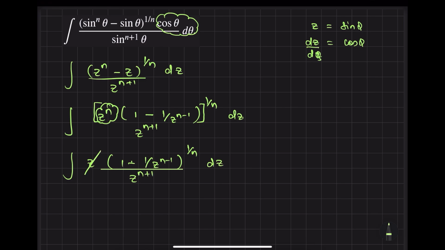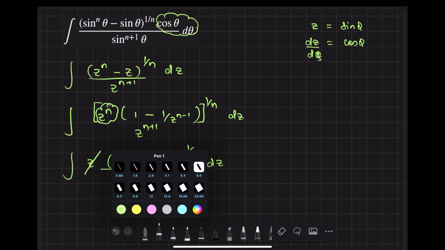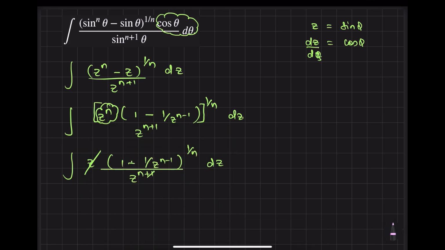So can I neutralize one of the z? We will be left with denominator as z^n. Now we have taken something as common, and we want to assume that thing as some other variable.